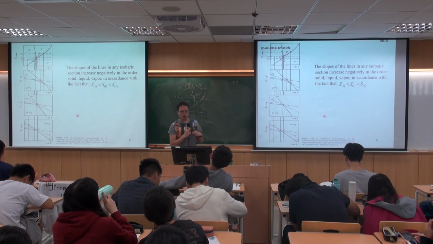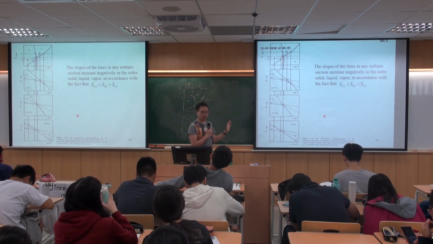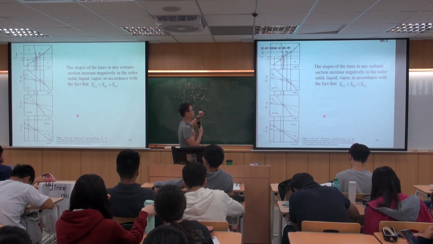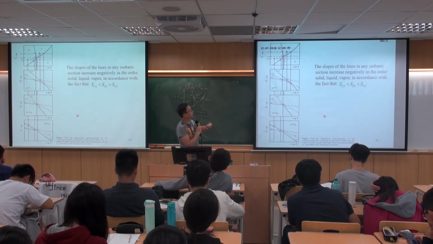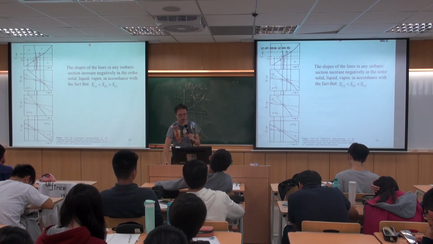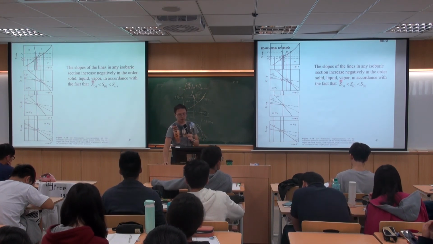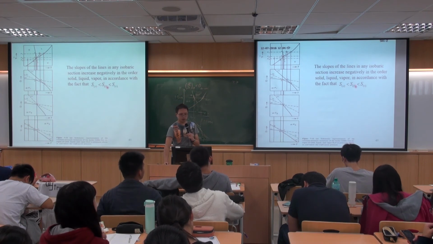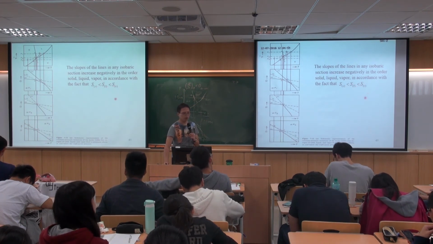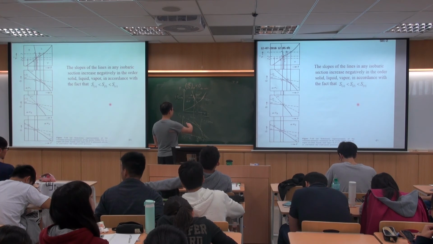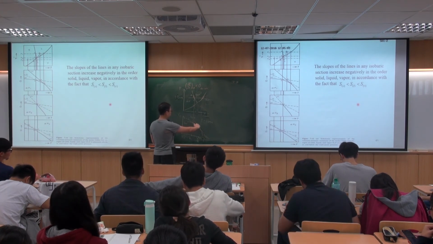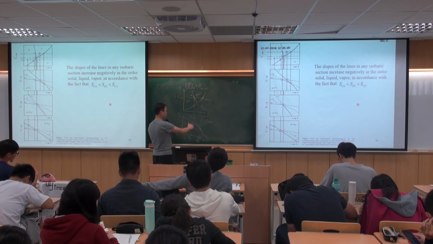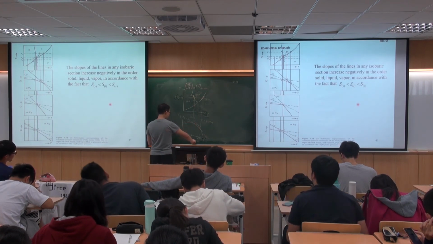Okay? And this is the simplest case, since we're dealing with just one component, water. Also, you have to understand that the entropy of solid is less than the entropy of liquid, and it's less than that for vapor. That's the reason why the slope here is more mild, and this is becoming more and more, I won't say aggressive, but more and more sharp.